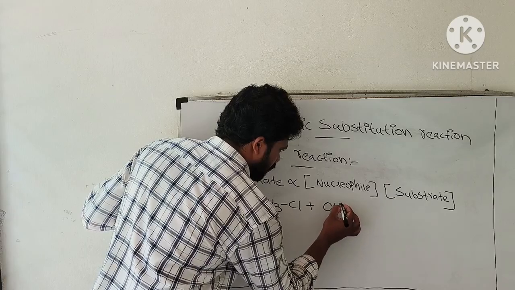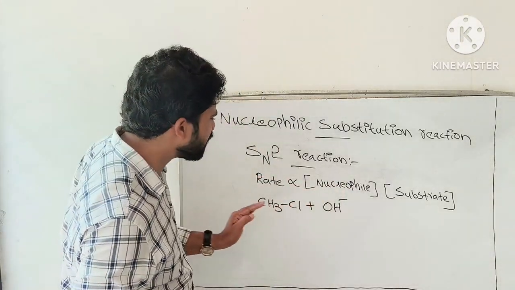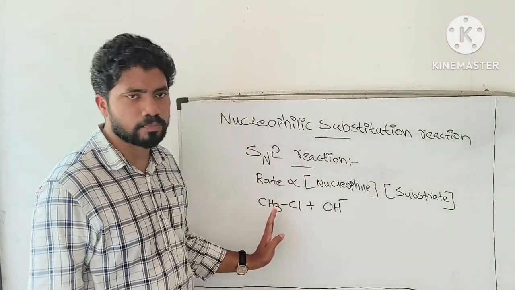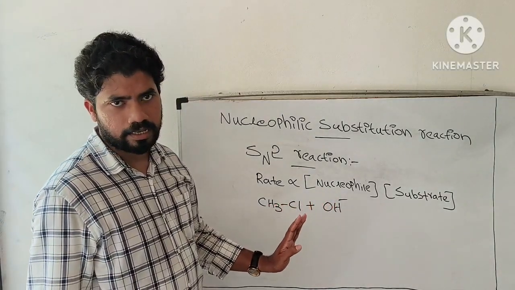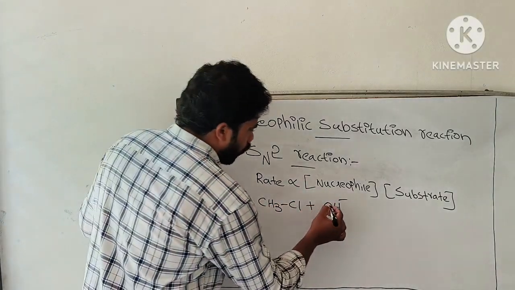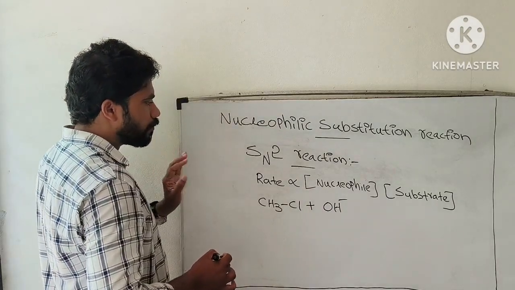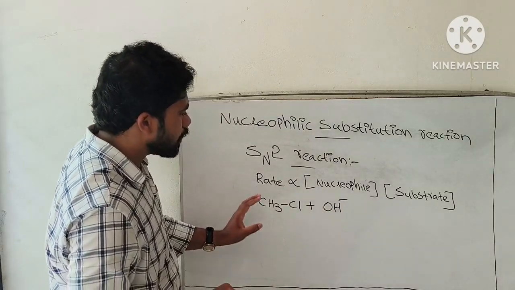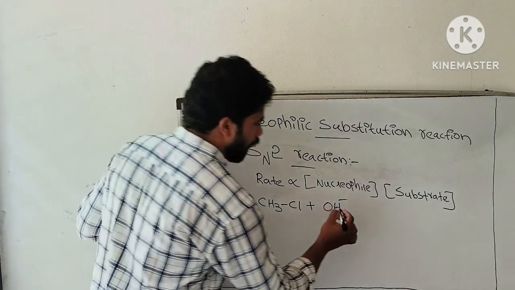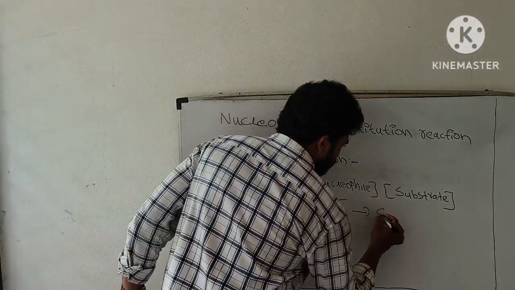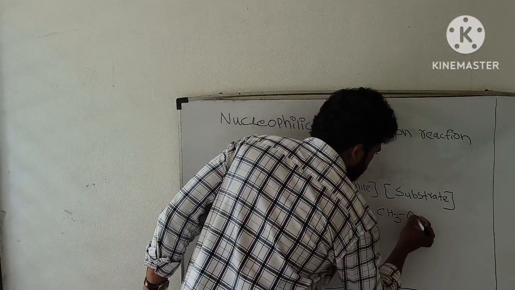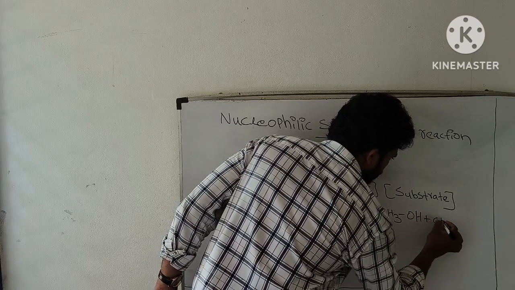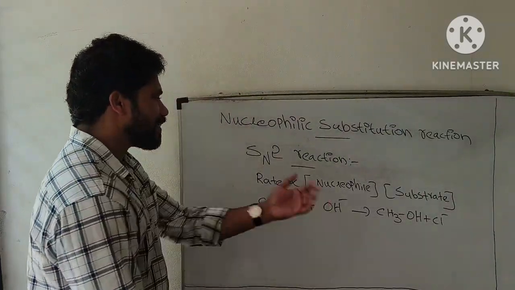So the OH minus ion is coming to approach the substrate molecule CH3Cl. This OH minus ion will attack the CH3Cl, and what will happen? You will get CH3OH plus Cl minus.